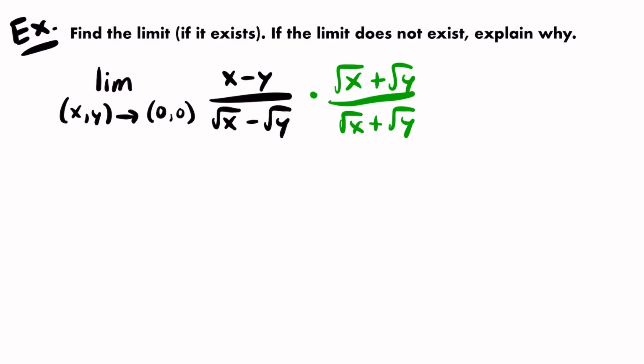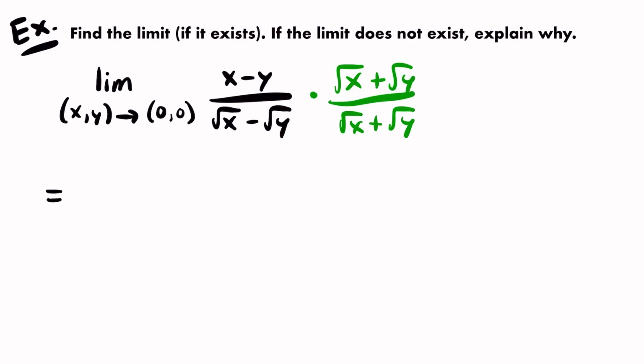Anything times 1 is itself. Okay, and what we're doing here by multiplying by this particular form of 1 using the conjugate of this denominator is we will hopefully get this function in a form that we can actually evaluate at (0, 0). And so let's see what happens when we actually go through with this multiplication.